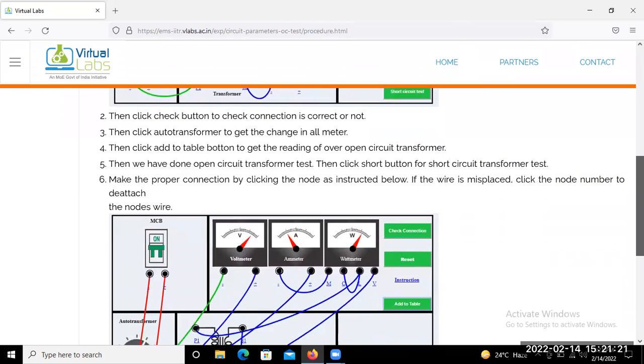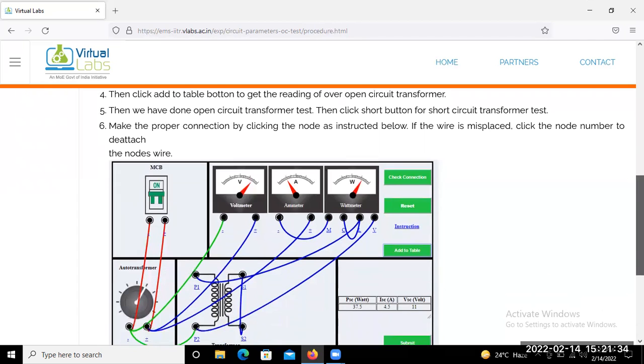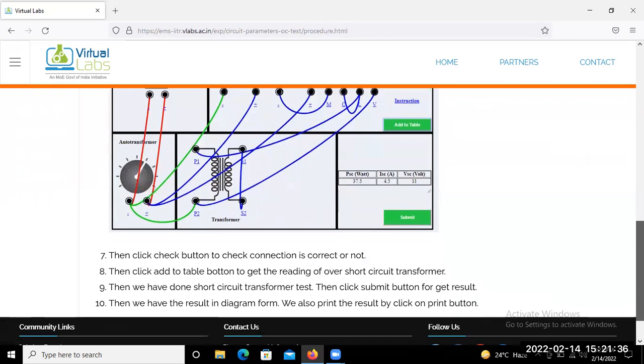And then the last one is you make the proper connection by clicking the node as instructed below. If the wire is misplaced, then click the node number to detach. Then click the check button to check whether the connection is correct or not, and then click the add to table button to get the reading.